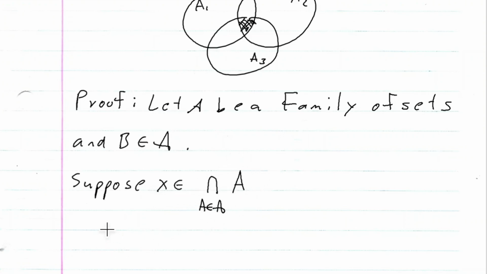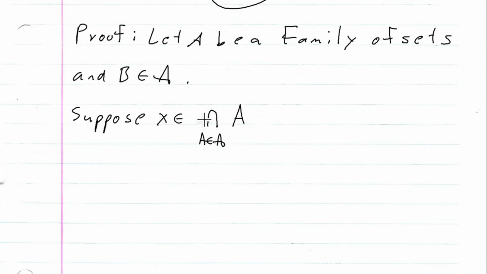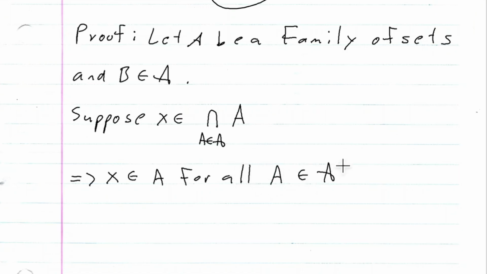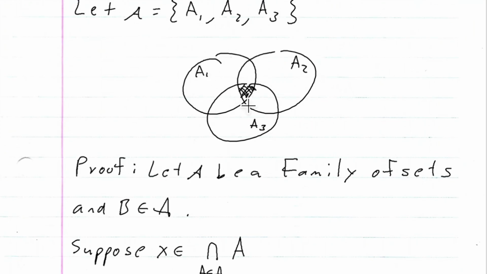So what this means is, if X is an element of the intersection, then X is an element of A for all A's contained in the family. So we know X is an element of every single one of these sets. That's what this is saying.